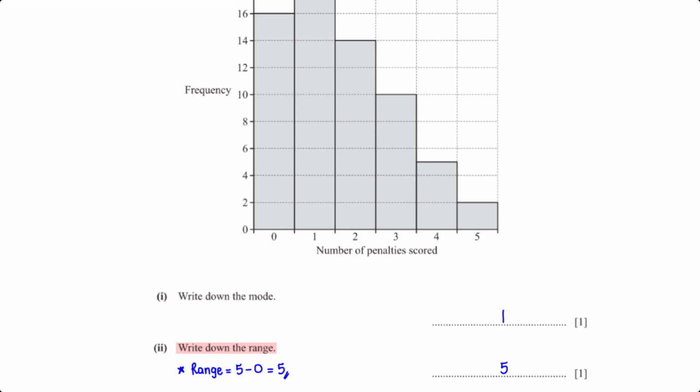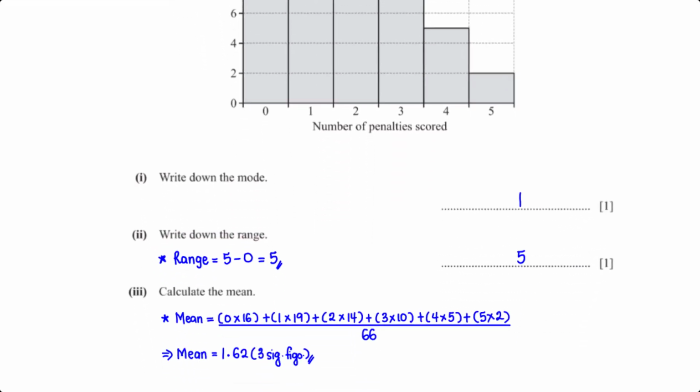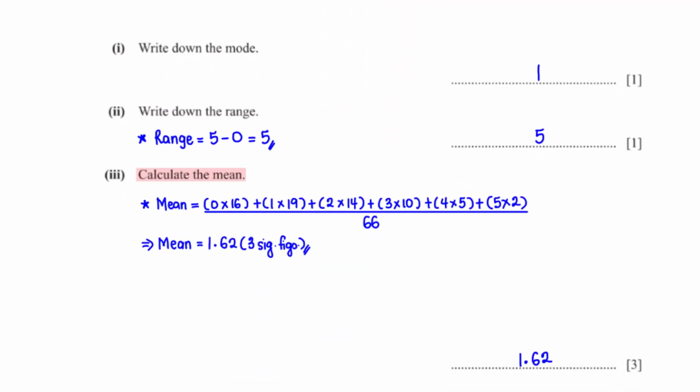Write down the range. The range is equal to the highest number, which is 5, minus the lowest number, which is 0. So 5 minus 0 is 5. Calculate the mean.